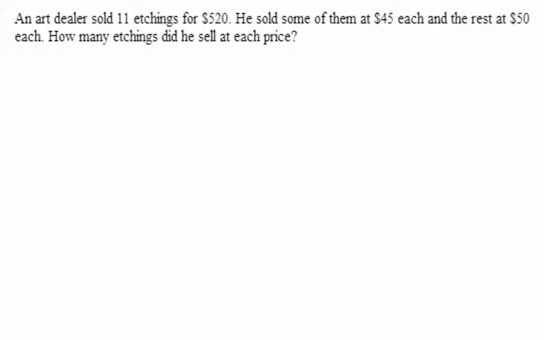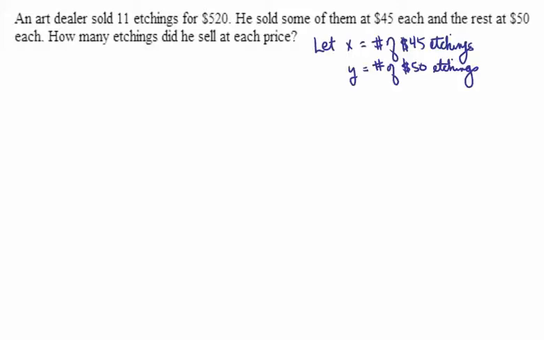So it's clear that we're looking for two pieces of information here, and so we're going to need two variables to represent those quantities. So we're going to let x be the number of $45 etchings and y be the number of $50 etchings. Now we don't know what either of those are, but we do know an important fact.